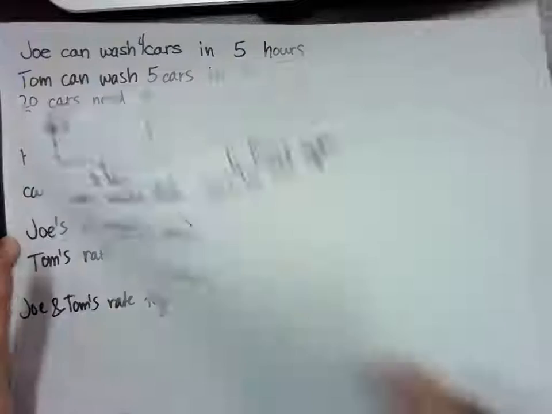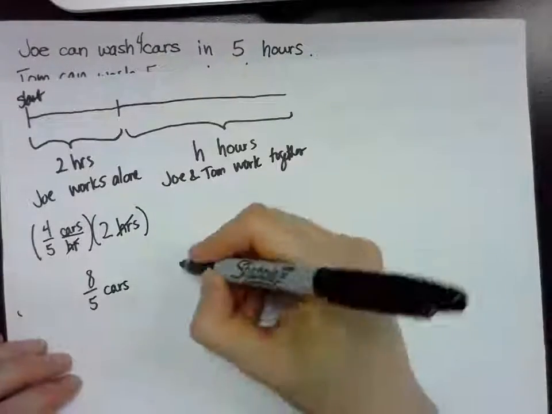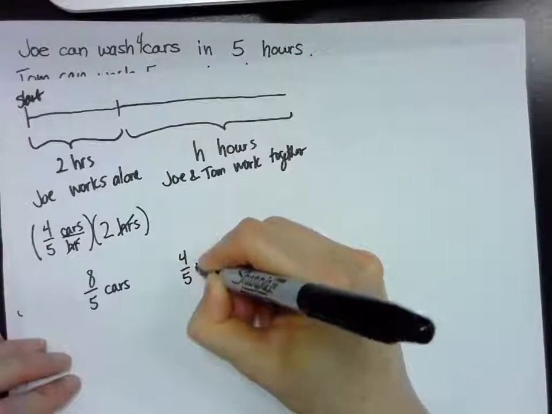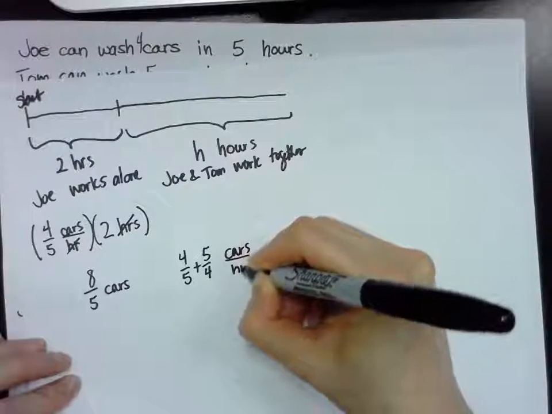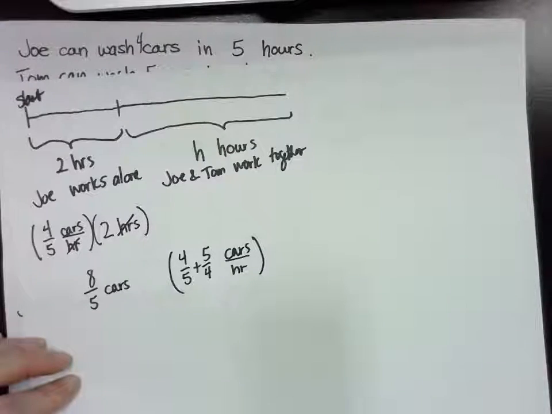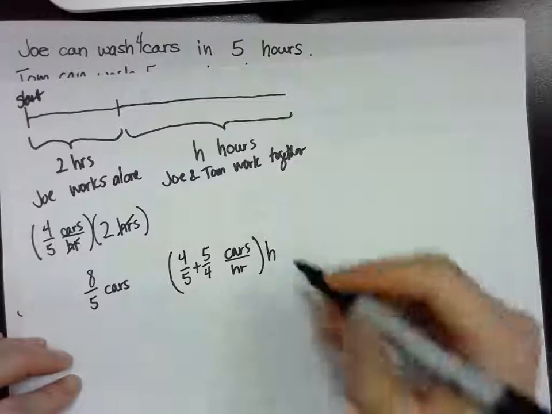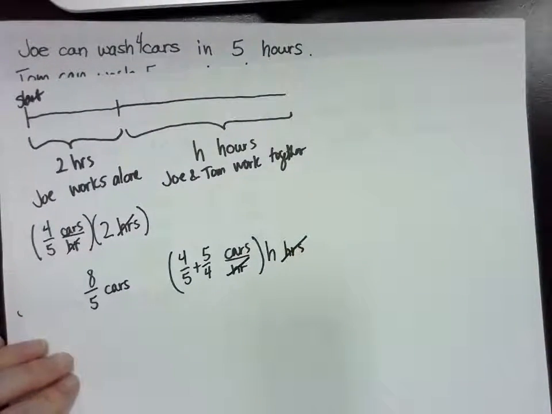Well, their rate together was the 4/5 plus 5/4 cars per hour. And they are working for H hours. And so that's how many cars they will finish.